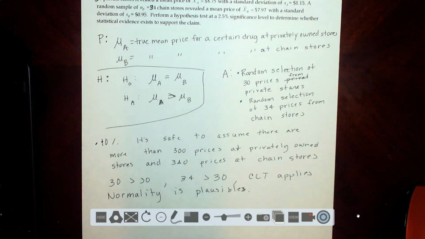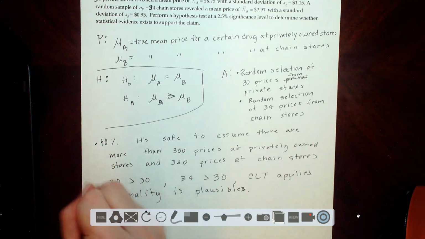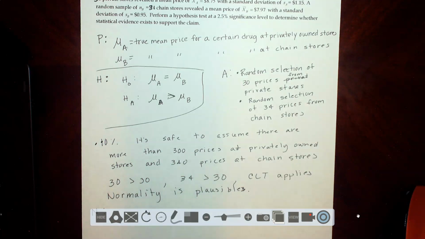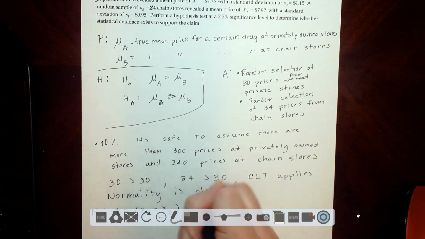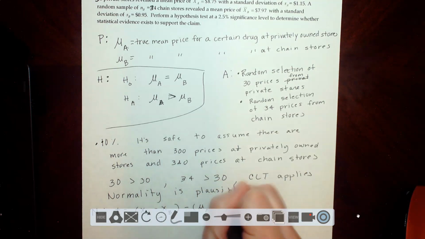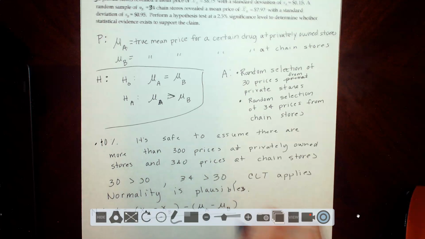Okay, so we're on to naming our test. To me again, you know the best way to name it is always just to give the formula. T, means are always T. This over standard error statistic.